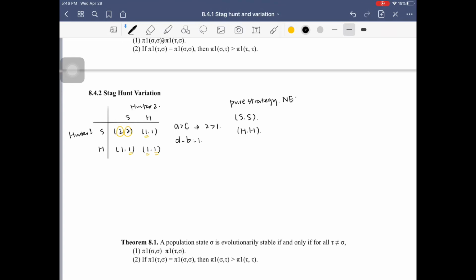But in this case, we can clearly see that the stag strategy is a strictly dominant strategy, while the hare strategy is a weakly dominant strategy.